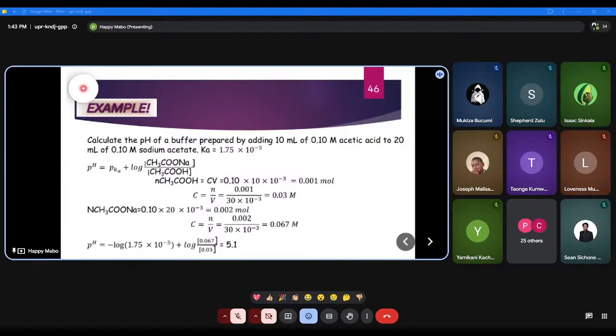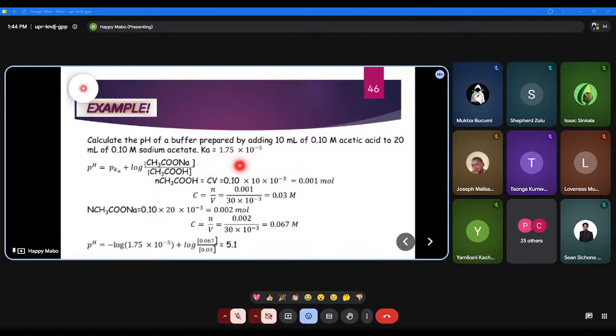One more example to try and understand what we're talking about here. Calculate the pH of a buffer prepared by adding 10 mLs of 0.10 molar acetic acid to 20 mLs of 0.10 molar sodium acetate, which is its conjugate, excuse me, base.